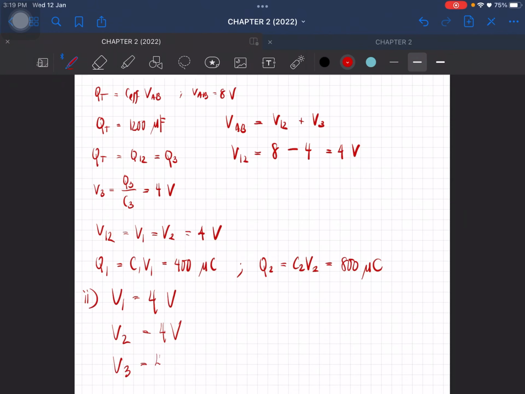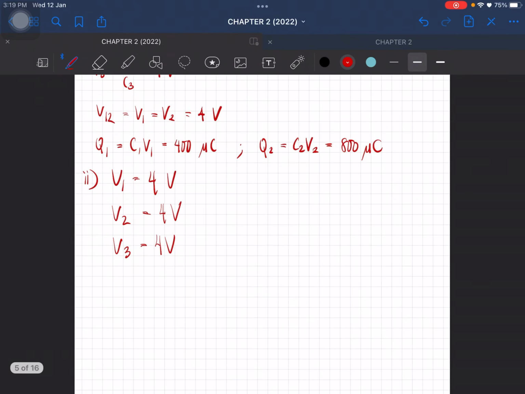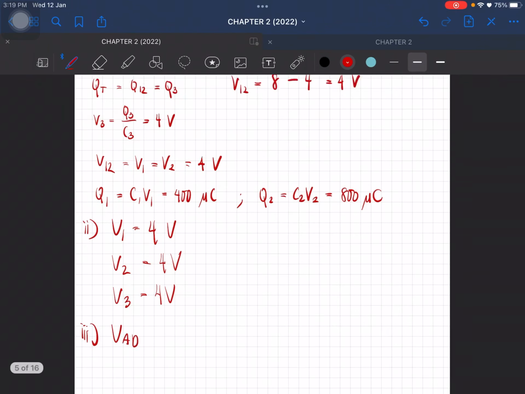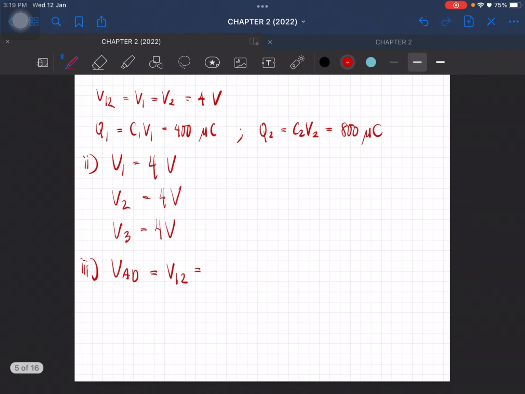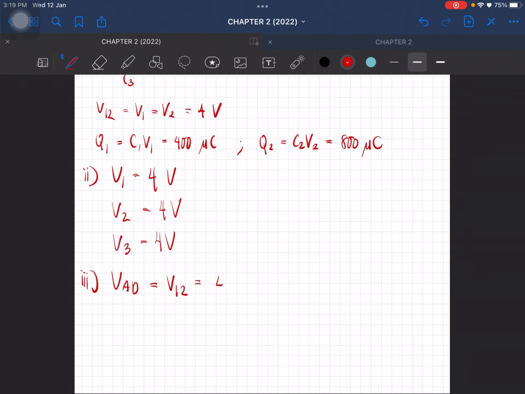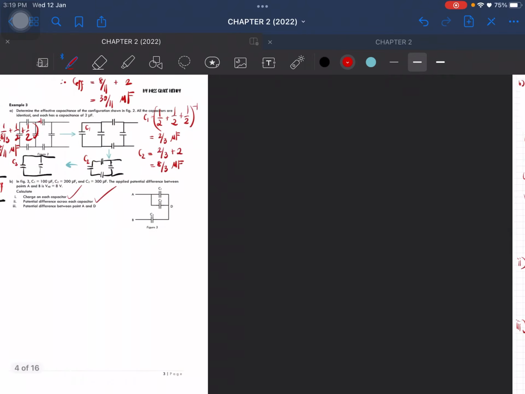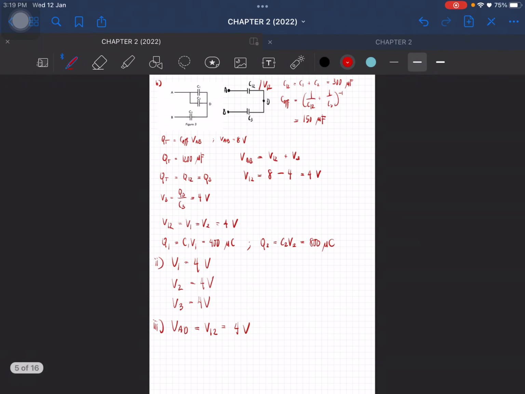V3 is also equal to 4 volt. That is the solution. And then the last question, the potential between point A and D, VAD, should also equal V1, because they are connected in parallel. So it should equal 4 volt. Alright? So that is the solution for example 3B.